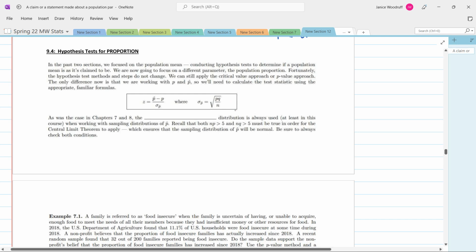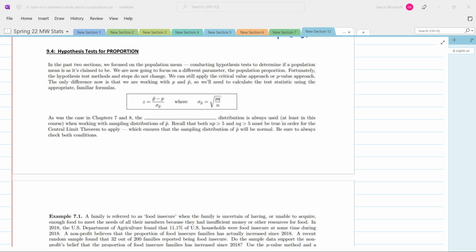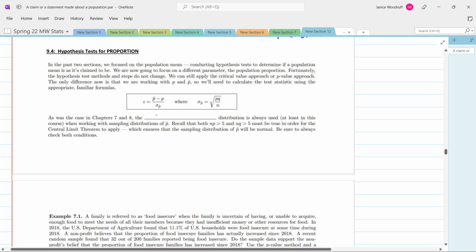Proportion is fairly straightforward because it's going to be a percent, or it's going to be given to you like 50 out of 100 or something like that. As was the case in chapters 7 and 8 for proportions, normal distribution is used. I don't have my normal pad, so this is a little bit more difficult to write on, and it's very sensitive.